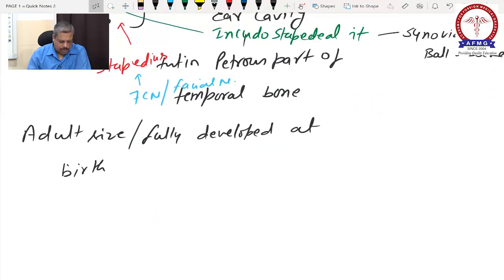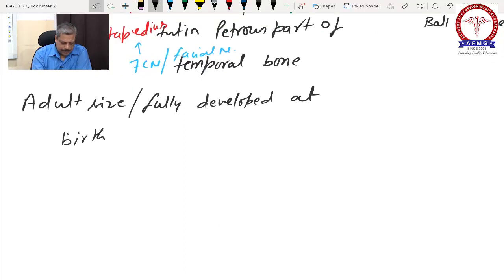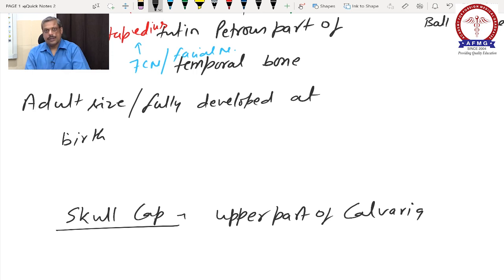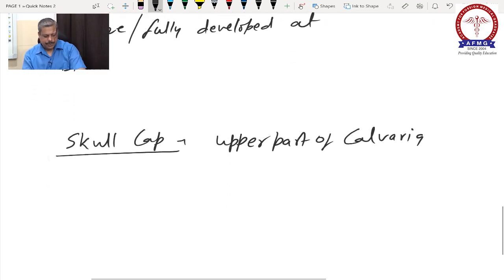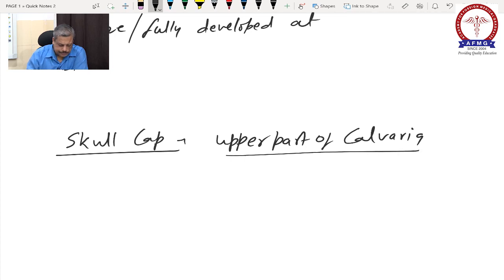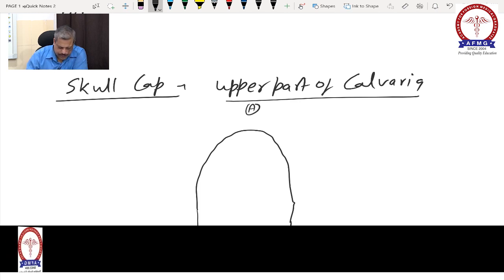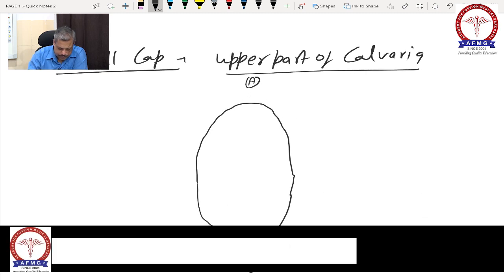Now we will talk about the next heading, the skull cap. What is the skull cap? This is the upper part of the calvaria. This is the skull cap. I am drawing the diagram. This is anterior, and this is the posterior.